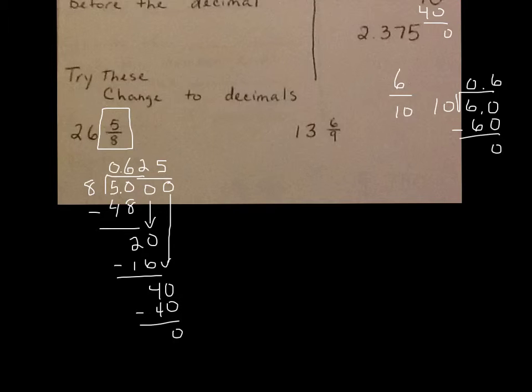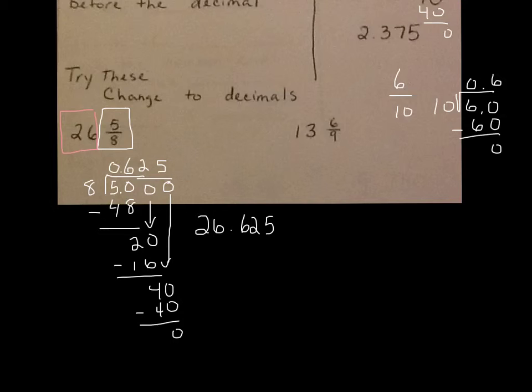So we're done. Our decimal is 625 thousandths, and now we can't forget about our whole number. So our final answer is 26.625, or 26 and 625 thousandths.